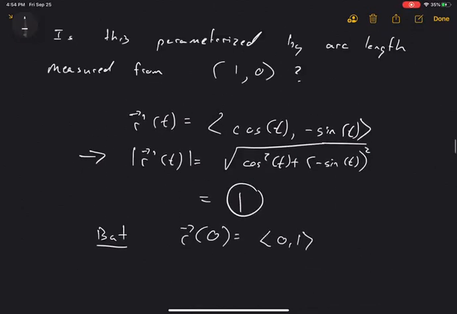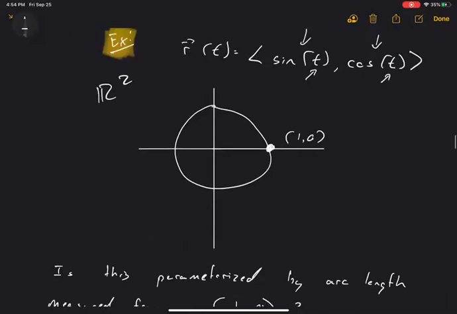But, okay, for t to be arc length, what do I need? If I'm measuring arc length from this point 1, 0, I want to be at that point when t equals 0. Meaning, if arc length is equal to 0, then I should be right on top of my starting point, right?